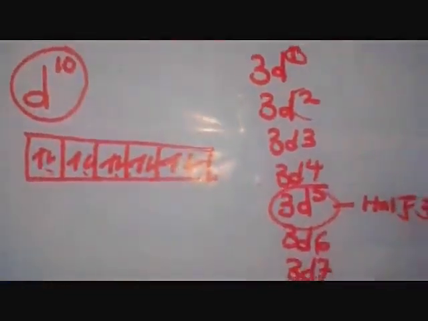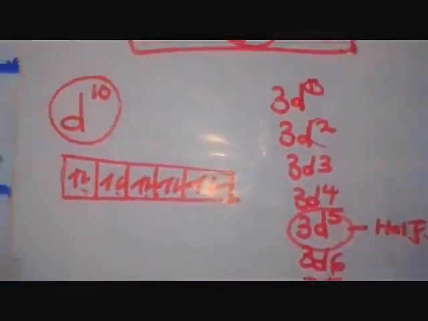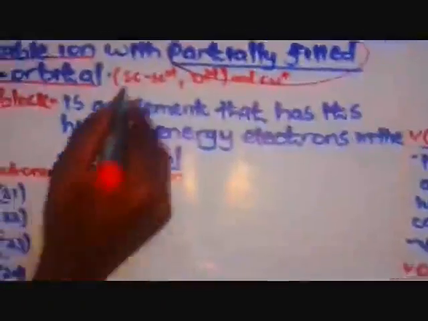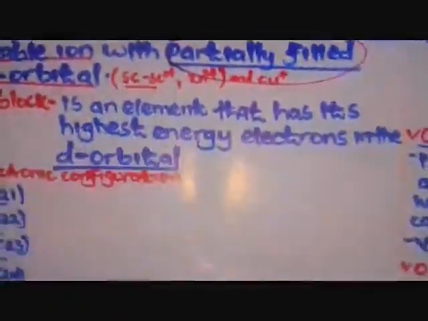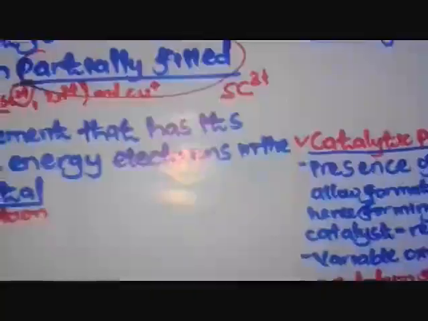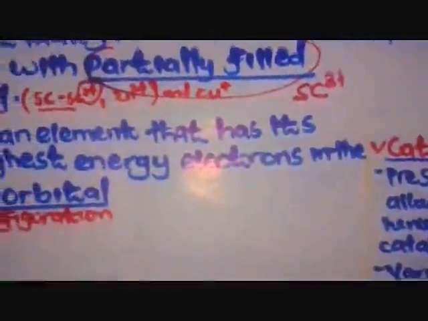Now our definition of transitional element is that it is only an element having a partially filled D orbital. If you form a D orbital which is fully filled, you are not transitional. Take an example: we are going to eliminate scandium. Scandium doesn't have an electron in 3d.